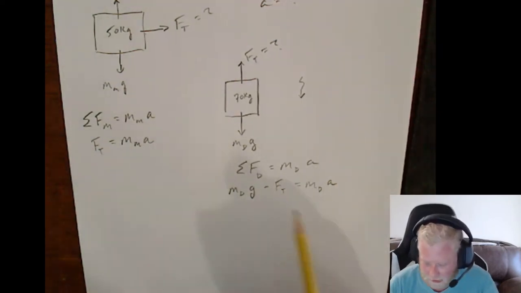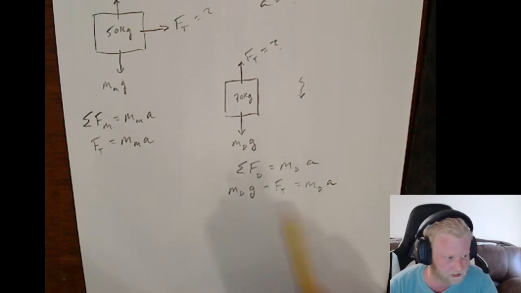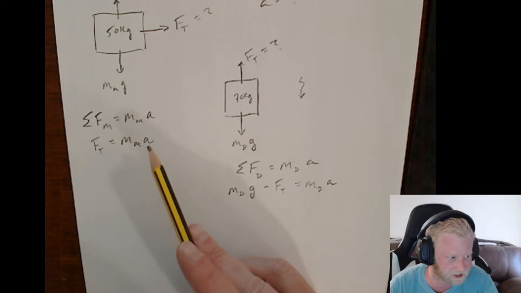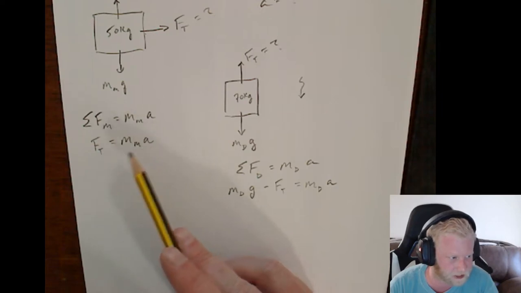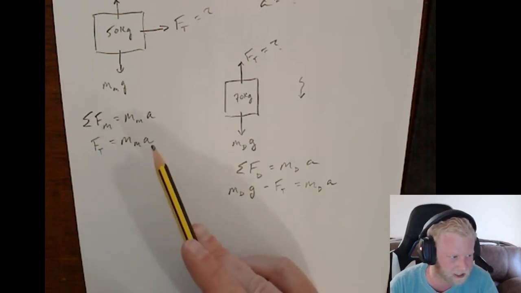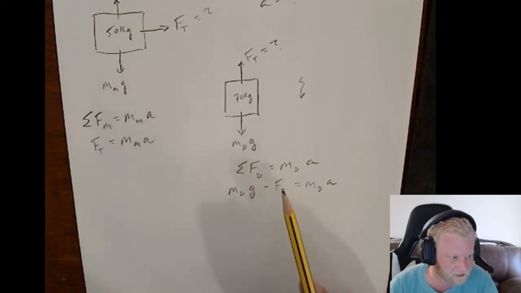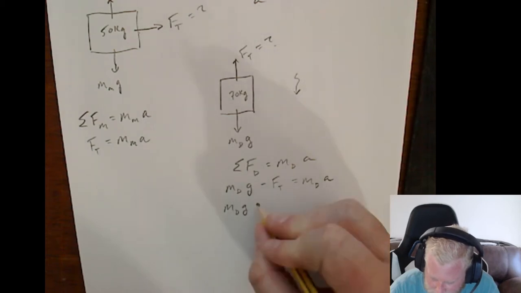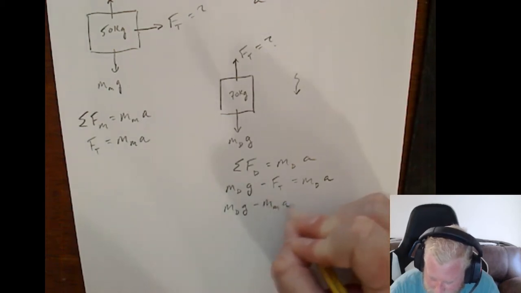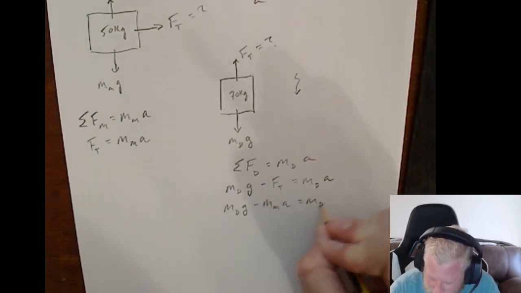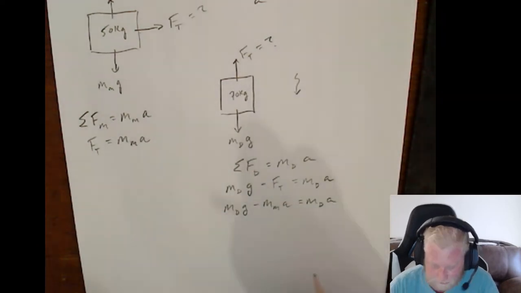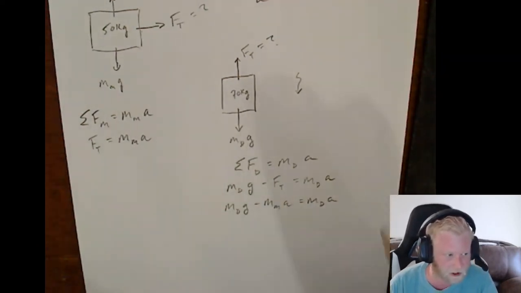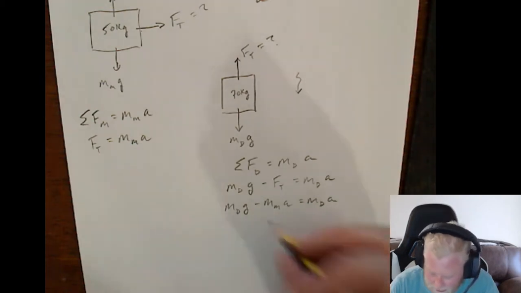Now we've got two unknowns in each of these equations, tension and acceleration. But we just put tension in terms of acceleration, so we can take mass of Mary times A and plug it in here for tension. So mass of Dawn times G minus mass of Mary times A is equal to mass of Dawn times A. Let's get all of our unknown values on the same side.